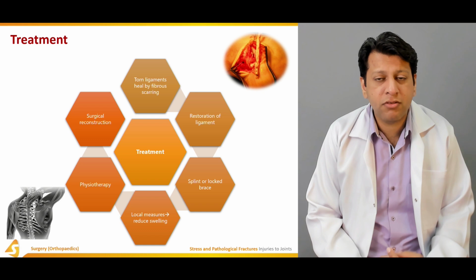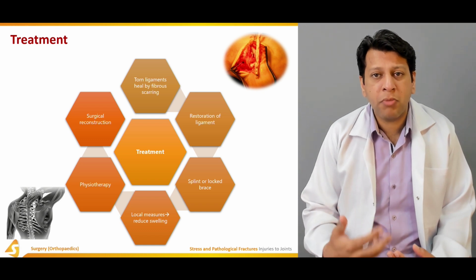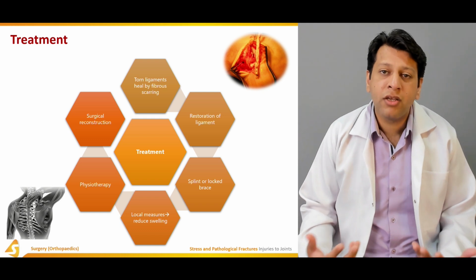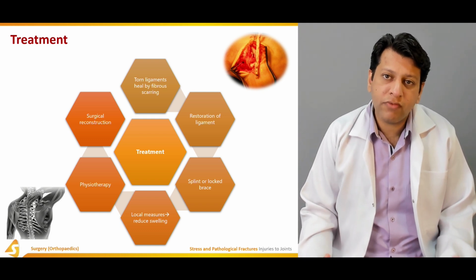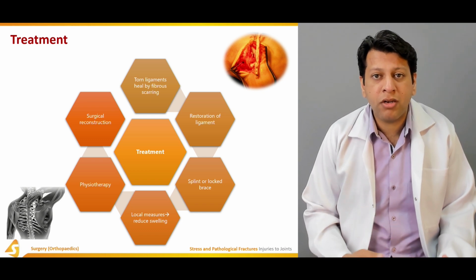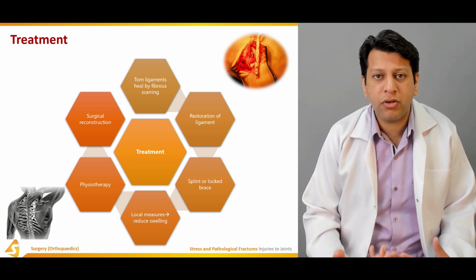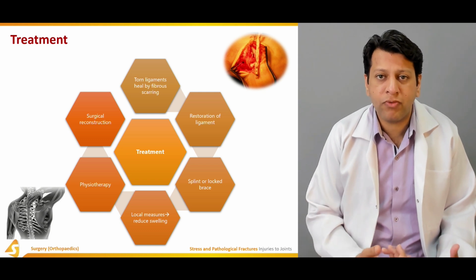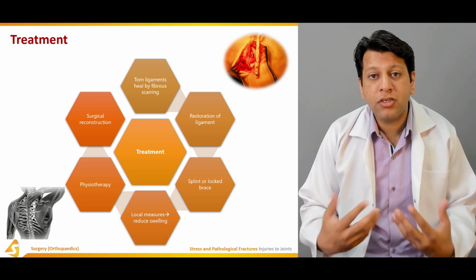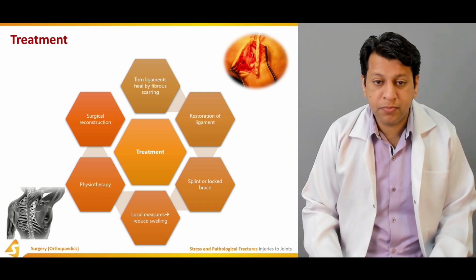Initially, splintage can be done, with ice packing and analgesics, and once the swelling settles down, we can get an MRI to see how much the defect is, and whether we can primarily repair it or not. If we cannot primarily repair it, then there are different methods of repairing it in the form of a graft, an advancement flap and so on, but then we have to go for surgical reconstruction of that ligament.